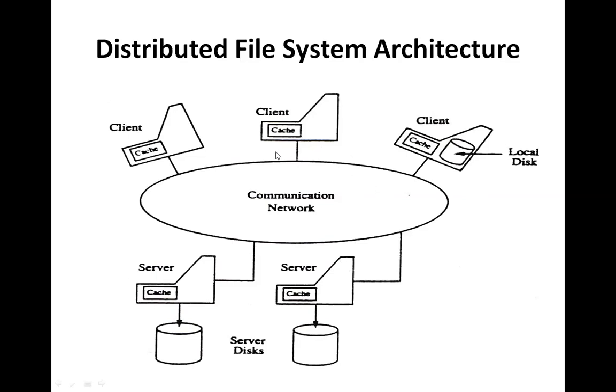So when a machine needs to access a file which is stored remotely, the remote machine performs the necessary access operations and returns the information either in the form of data or in the form of a file if a read operation is being performed by the client.